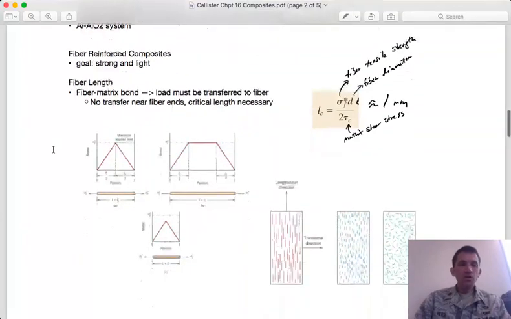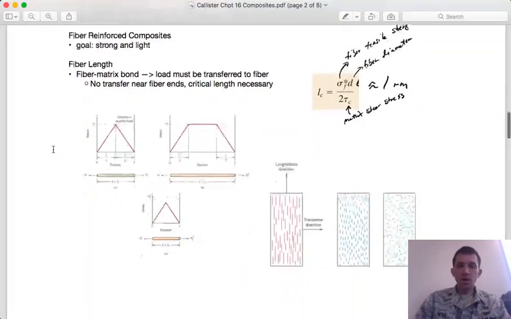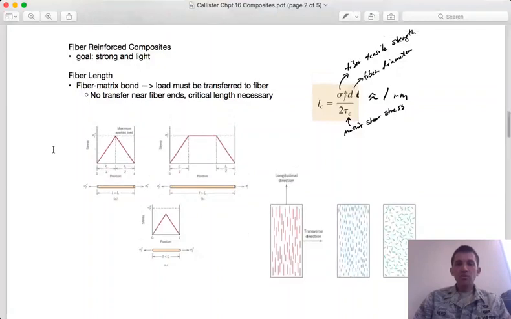Okay, so moving on to fiber reinforcement. Fibers are characterized by having a length that is longer than the width, so that it has a high aspect ratio. And the goal here is to combine strength and low density. So again, composite material. If you want strength, go with a steel.